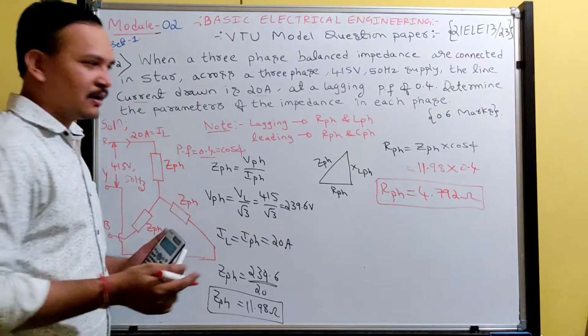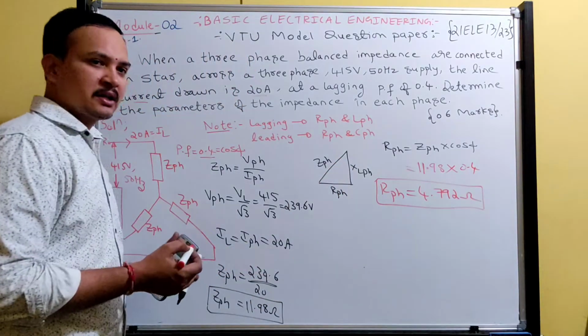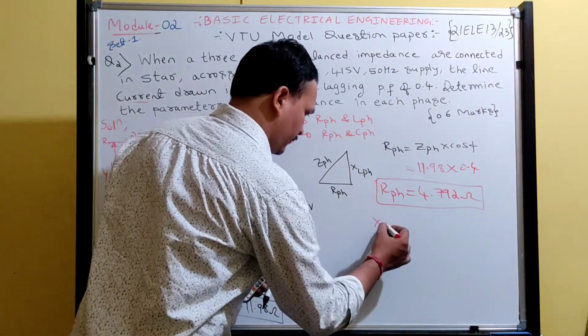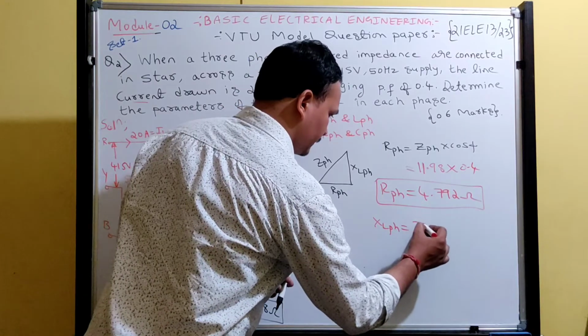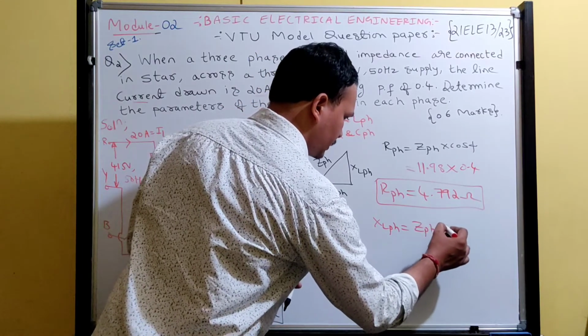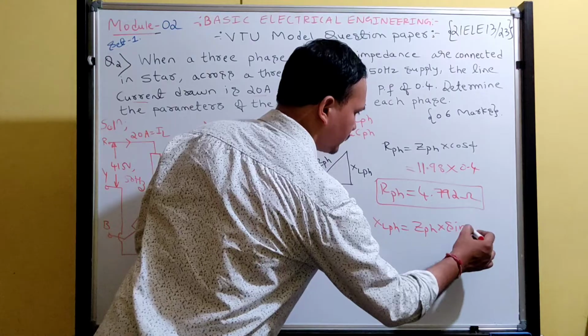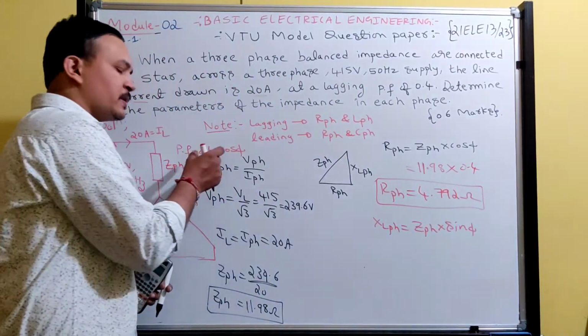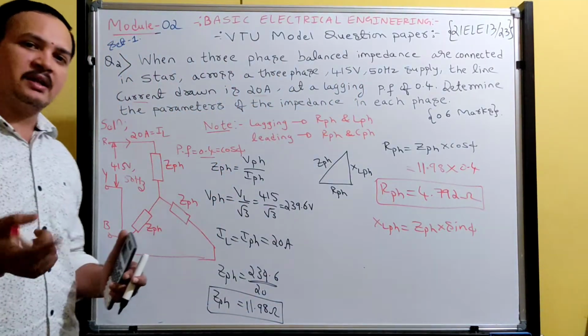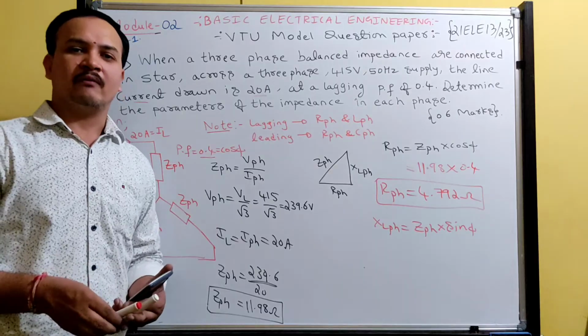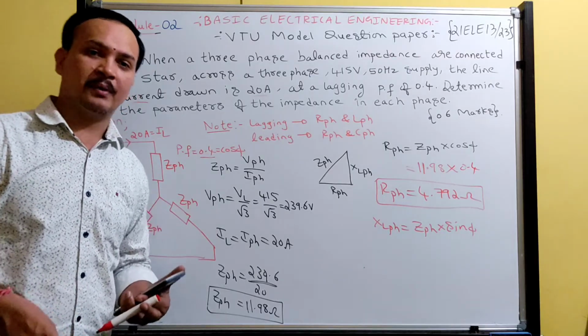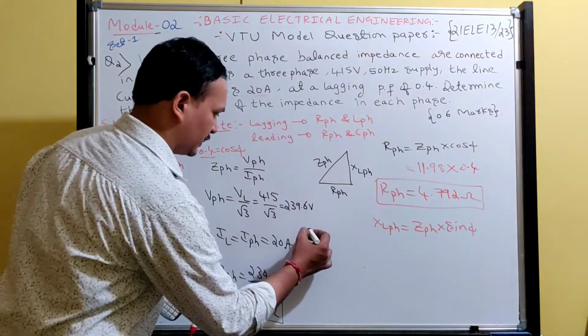Now I need to calculate the inductive reactance per phase. What is the formula for inductive reactance per phase? Impedance per phase into sin φ. See, when cos φ is 0.4, you can easily calculate its value for sin φ. That can be found like this.